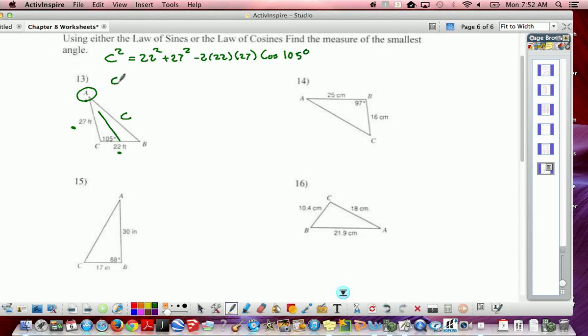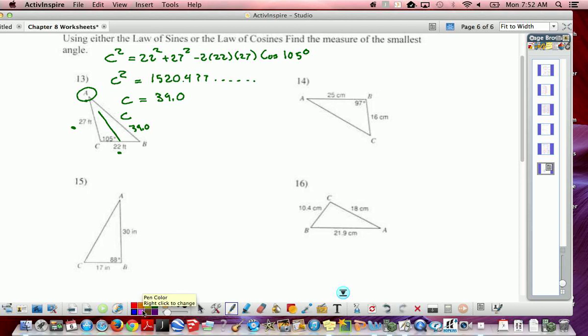If I type that in my calculator just right, I'll have c squared equals 1520.477... Take the square root of it, and c ends up being about 39.0.